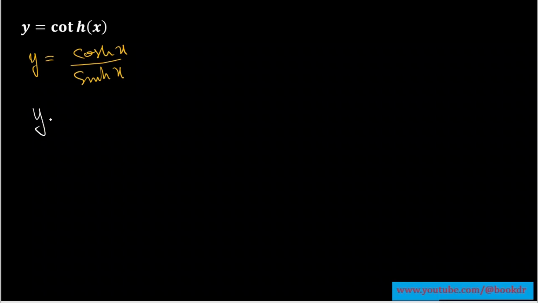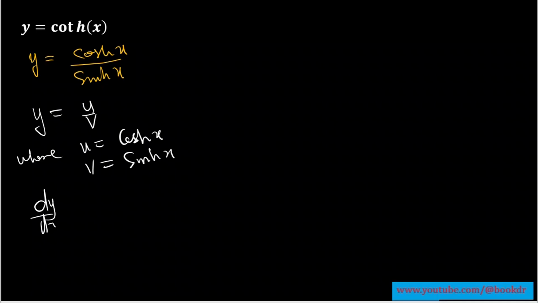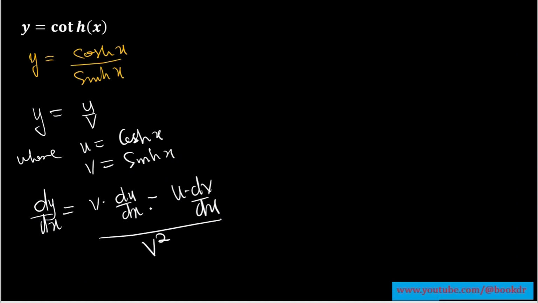We express y as u over v, where u is cosh x and v is sinh x. By that, dy/dx will be equal to v du/dx minus u dv/dx, all over v squared.